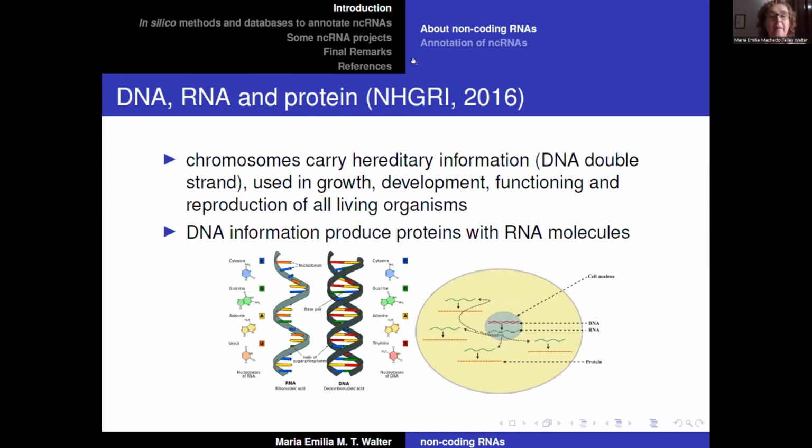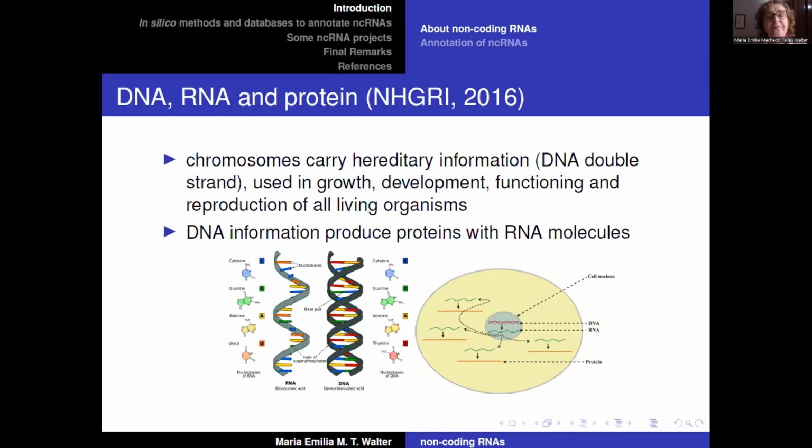So the chromosomes carry hereditary information, and you can see in the figure that the DNA is stored in a double strand, and this information is used in biological functions in living organisms like growth, development, and reproduction.